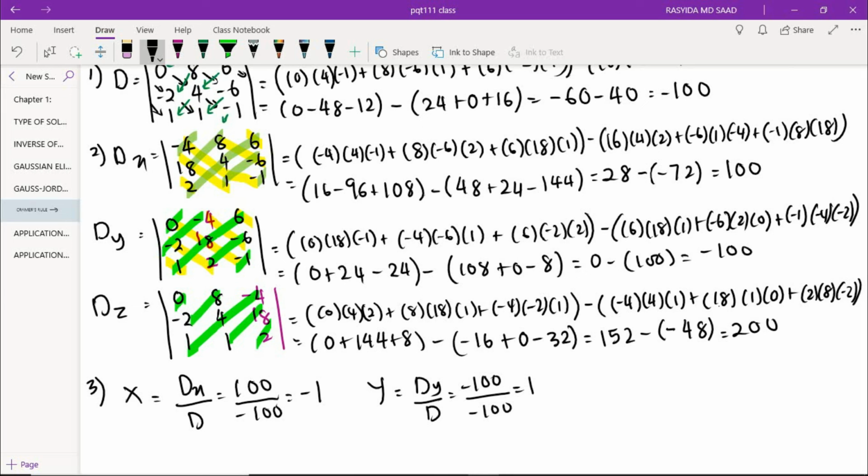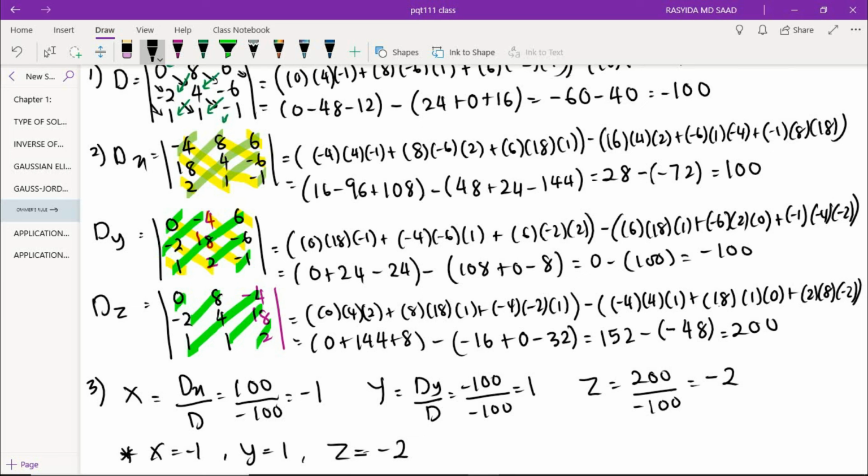So you get 1. And for z, be equal to 200 over negative 100. So it will be negative 2. Okay, so this is the value of the unknown variables, which is x will be equal to negative 1, y will be equal to 1, and z will be equal to negative 2.